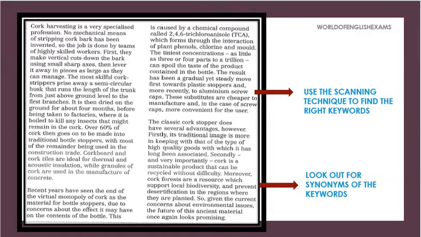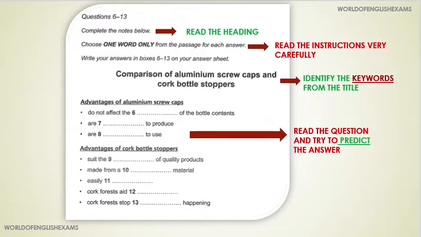Guys, have you noticed the first keyword, aluminium screw caps? So, what are the advantages of aluminium screw caps? There are many, but the first one is that they do not affect the taste of the bottle contents, unlike the cork bottle stoppers. So, what is the sixth answer, guys? Taste. Mind you, you should be writing this answer in a singular form as taste.